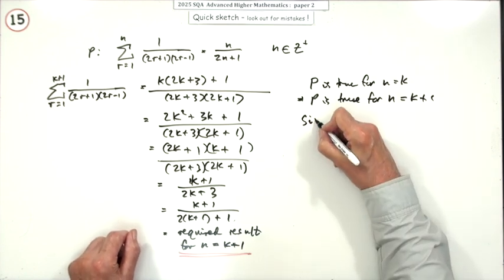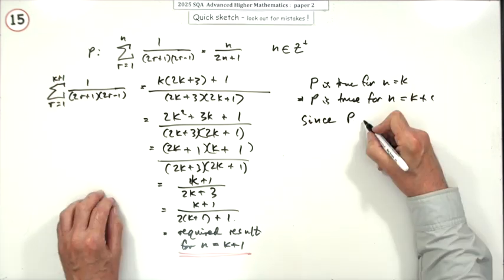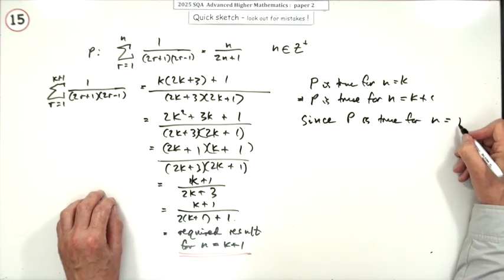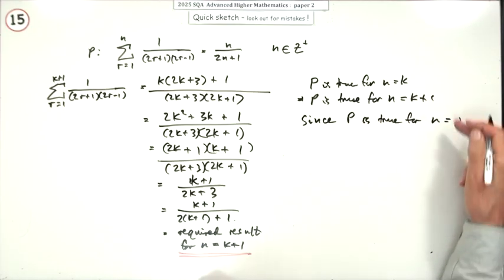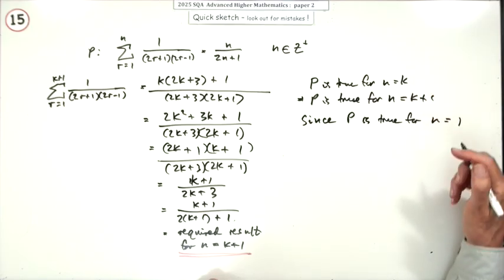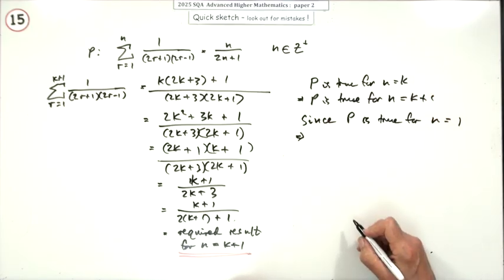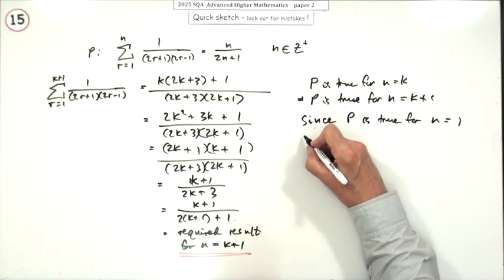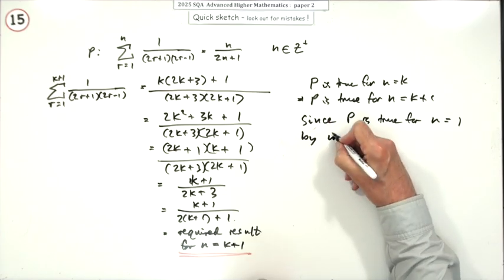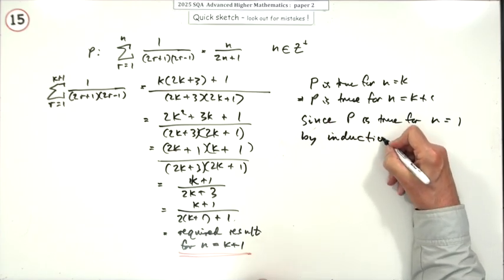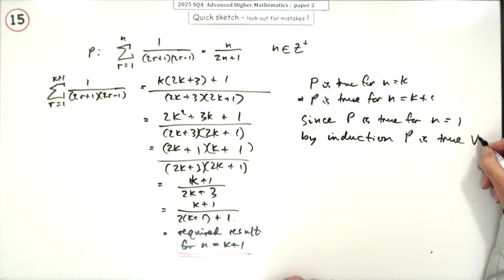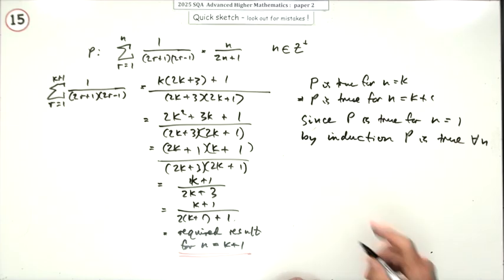But since p is true for n equals 1, that means by the inductive step, because if it's true for 1, it's true for 2, and if it's true for 2, it's true for 3. That means by mathematical induction, p is true for all n, where n is a positive integer.